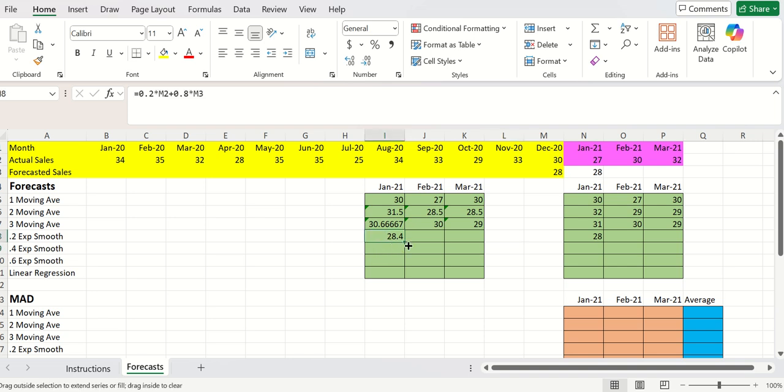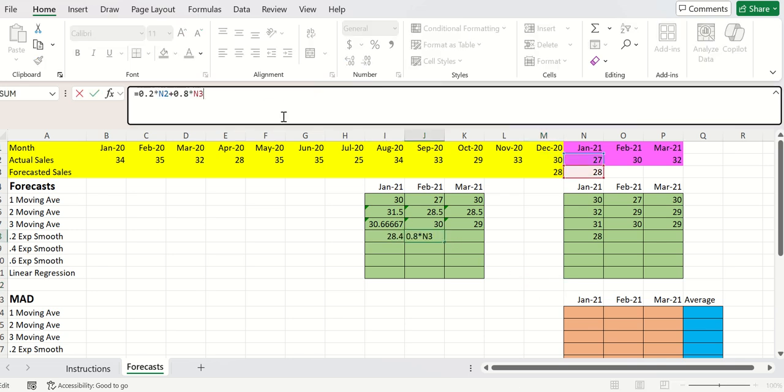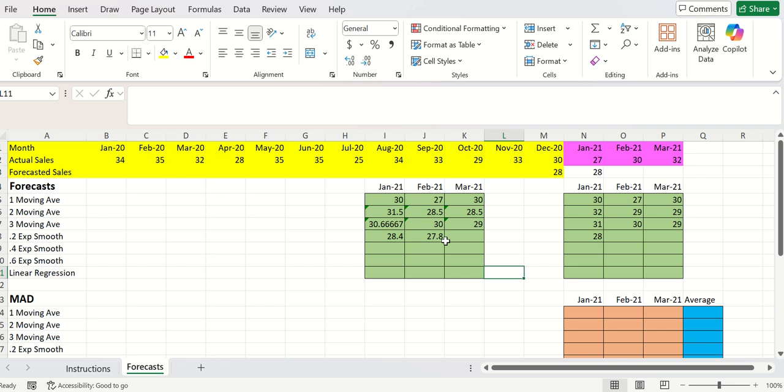Now if I click on this and drag across, it's saying take 0.2 times what actually happened, 0.8 times my forecast. So again, 28. I'll type that in here. Then I'll drag it one more time, and again, 28 here.